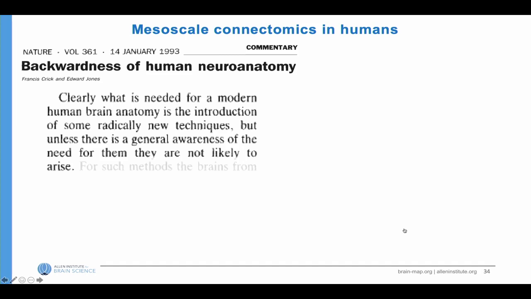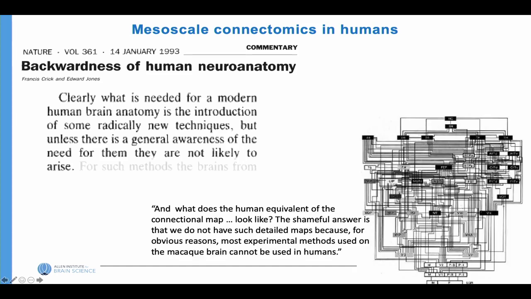And why did they write this paper? Because it was right about the time that Van Essen and colleagues made this amazing, really first detailed wiring diagram of a largely cortical network in the macaque visual system. They introduced this study in the paper, and then they say, what does the human equivalent of the connectional map look like?